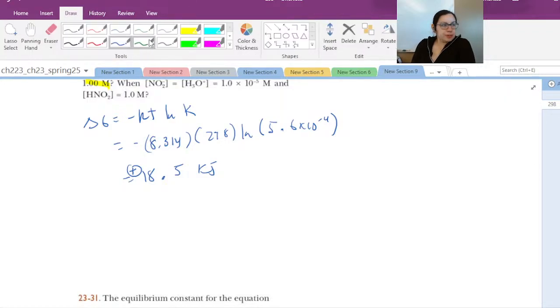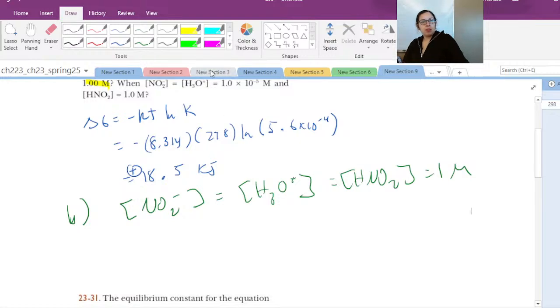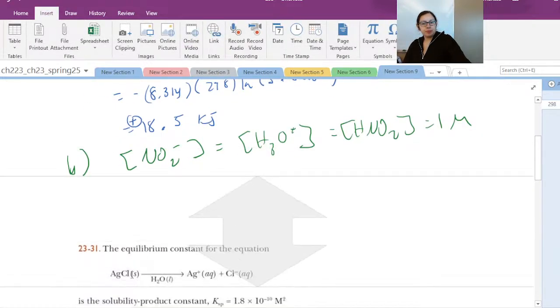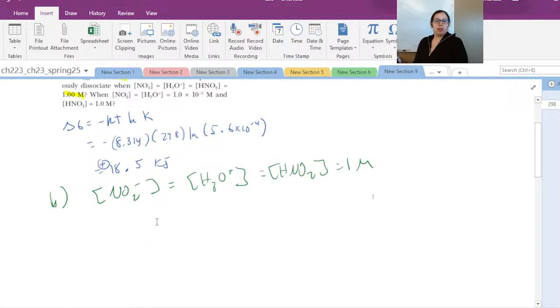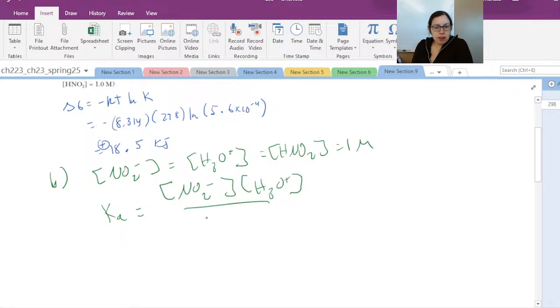So for the first set, they told us that everything has 1 molar concentration. So then we can plug it in, again, just to our equilibrium expression. Now I'm just going to write out Ka: conjugate base times hydronium or H plus over HA acid.